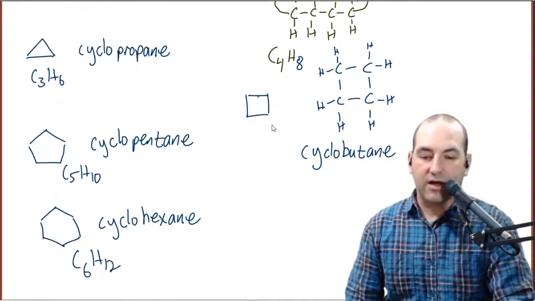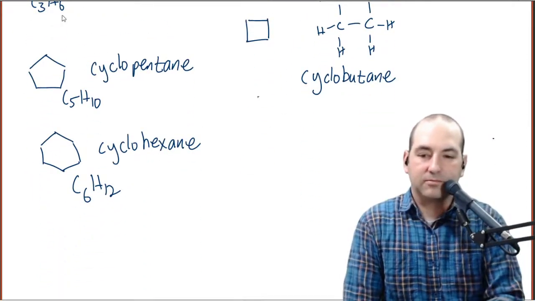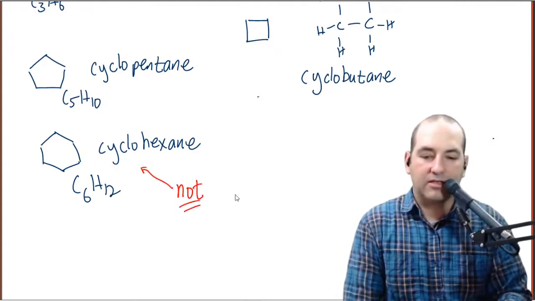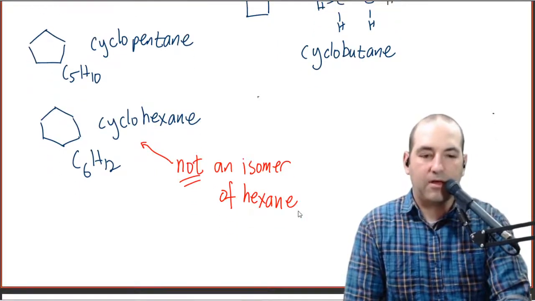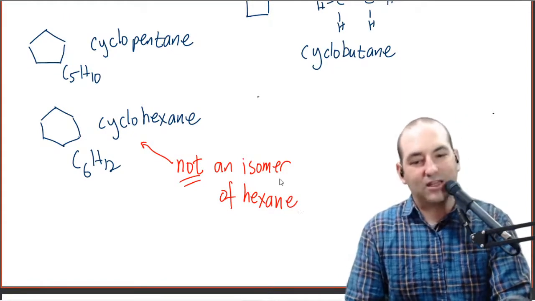Notice, and this is another kind of tricky thing, cyclohexane is not an isomer of regular hexane. And that's confusing because they have the same name in them, right? Hexane, cyclohexane.